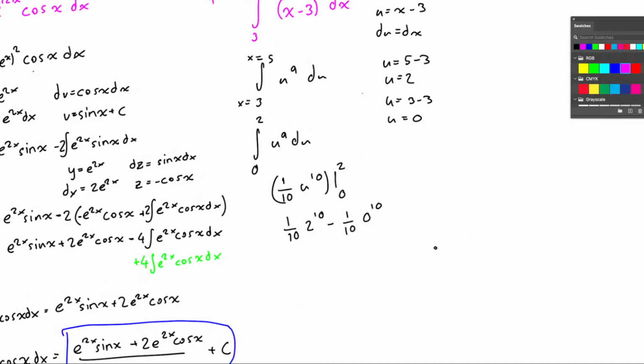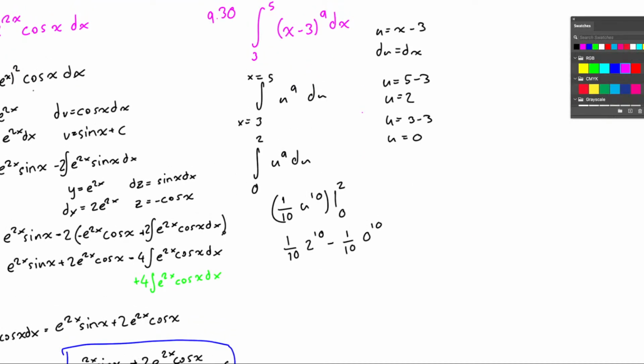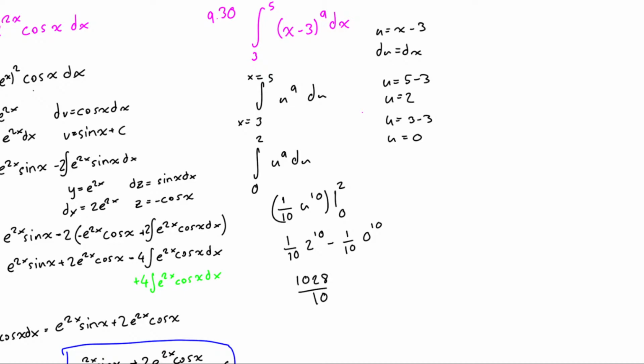Okay. I know 2 to the power of 4 is 16. So 2 to the power of 8, 256 times 2, 512 times 2, 1028. Okay, great. So 1028 over 10. Let's check that in our favorite calculator.